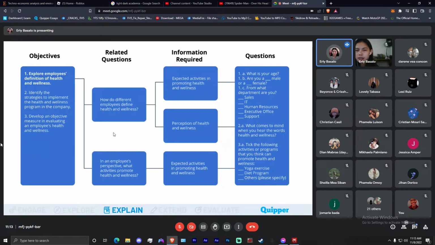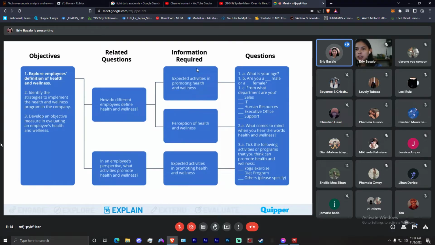From the information required, you need to have expected activities in promoting health and wellness. Then you need to know the perception of health and wellness of your participants. Another required information is the expected activities in promoting health and wellness.